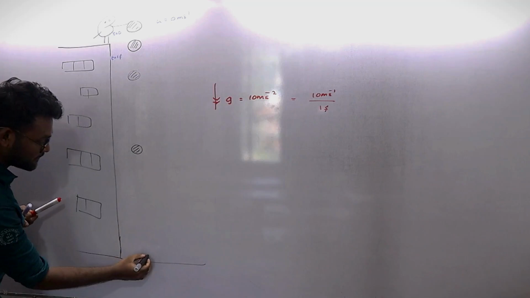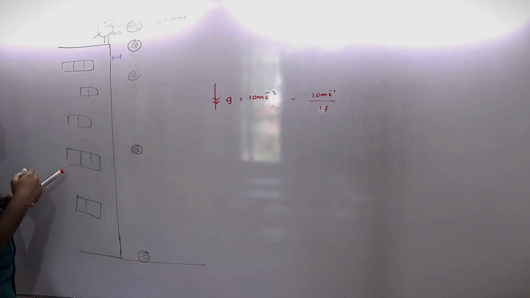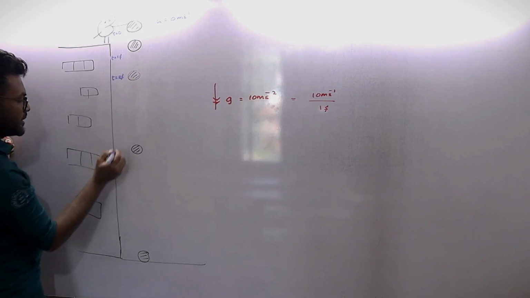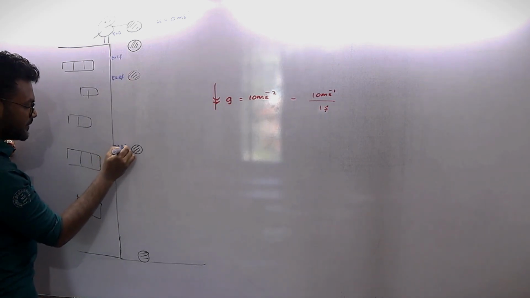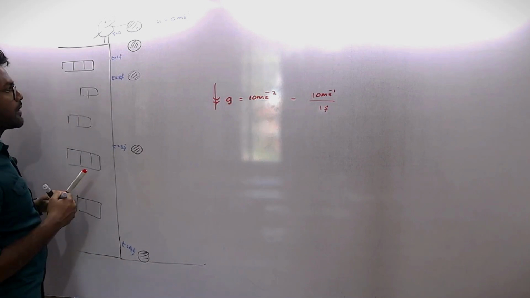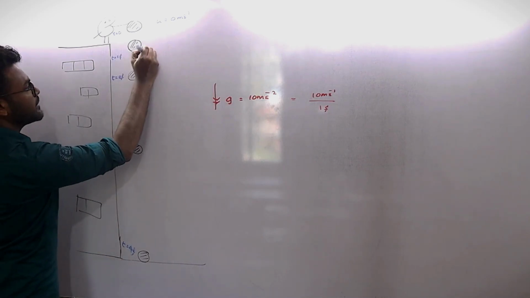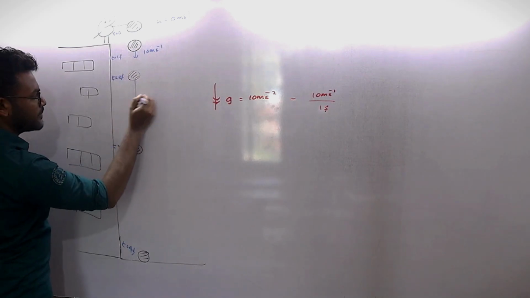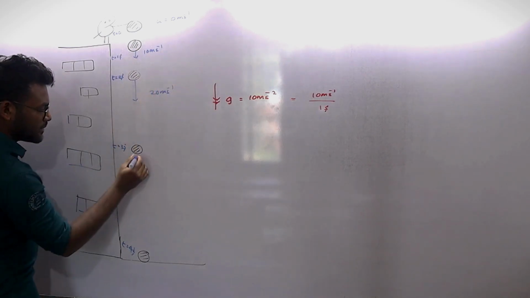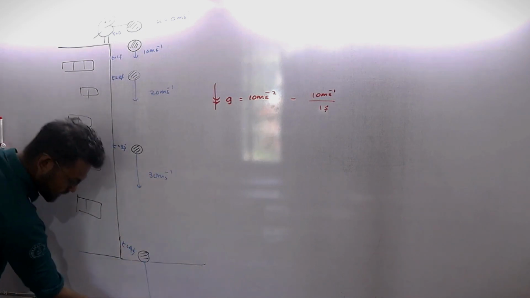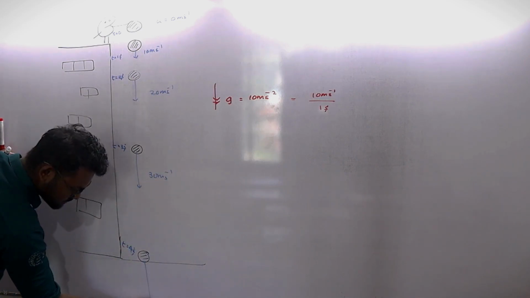So t equals 2, t equals 3, t equals 4. What are the velocities? 10 meters per second, 20 meters per second, 30, and 40.